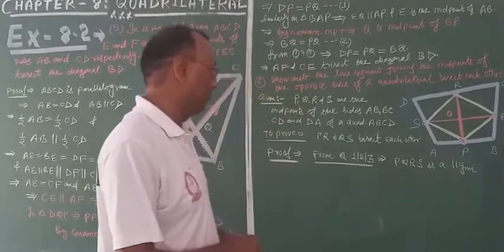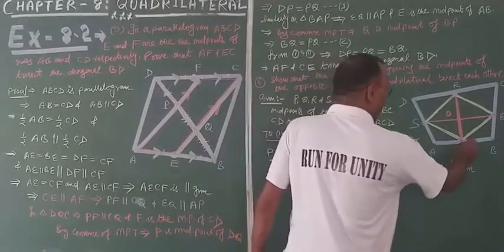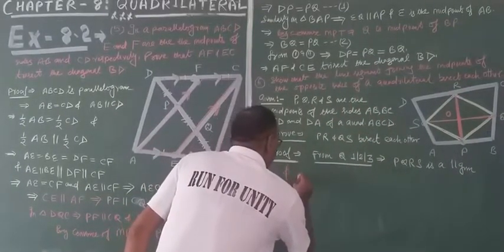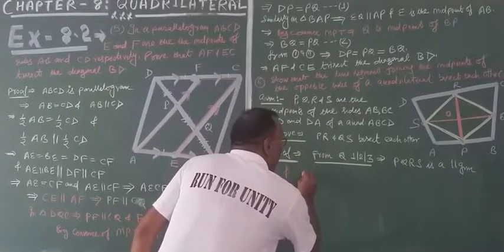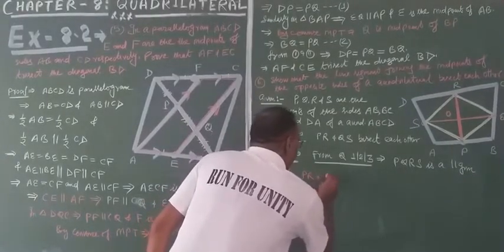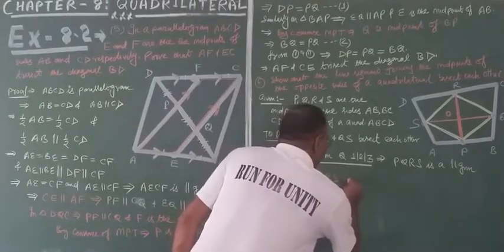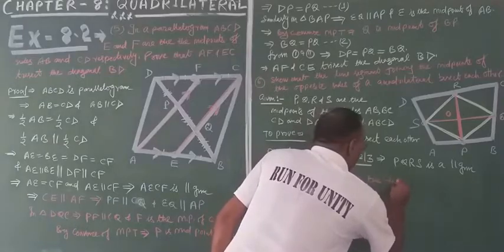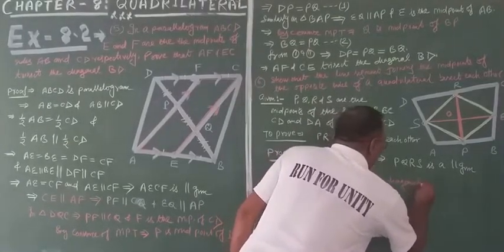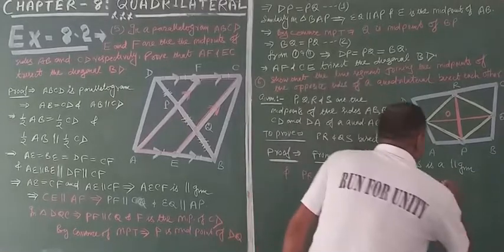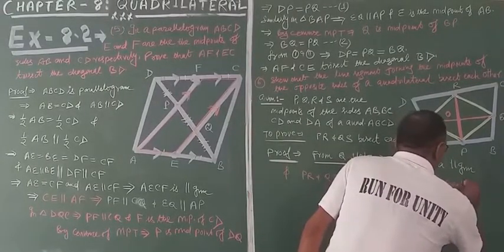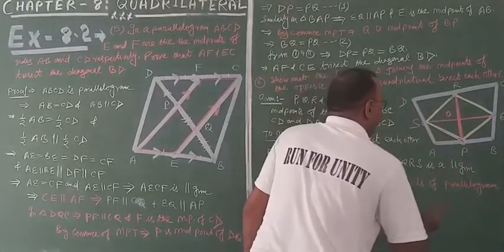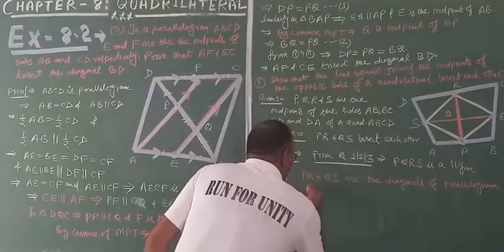Now just look here. The line segments PR and QS are the diagonals of parallelogram PQRS.